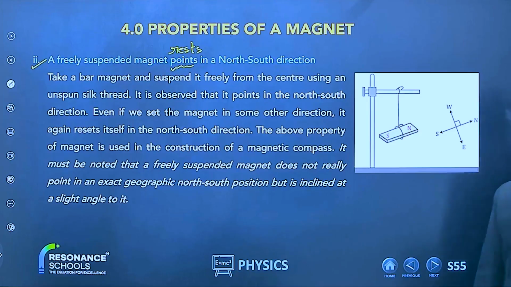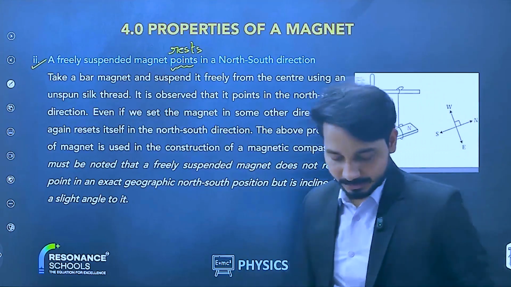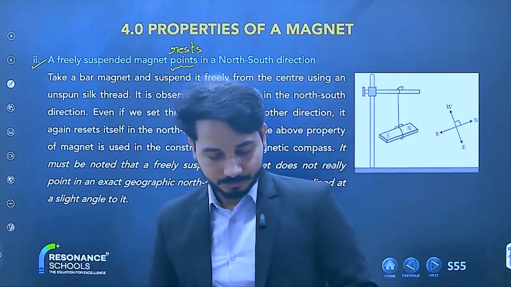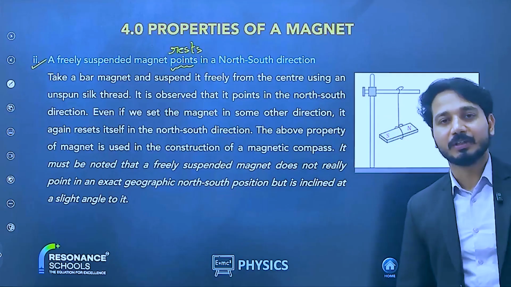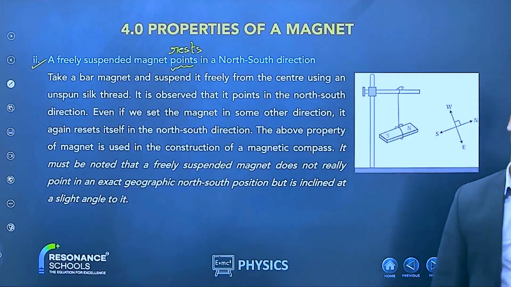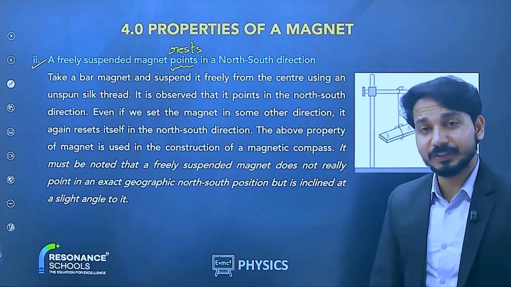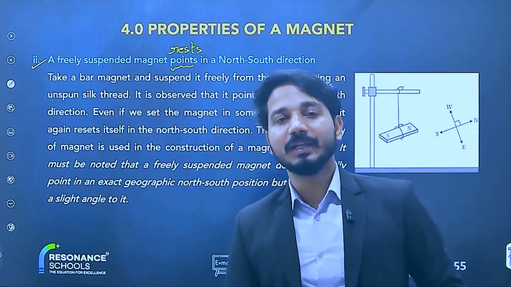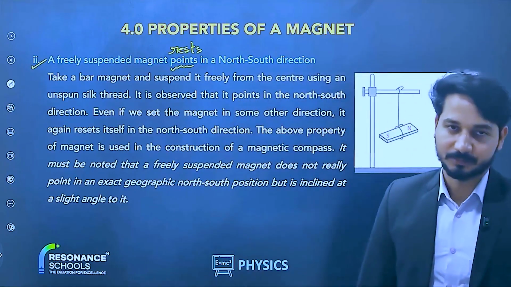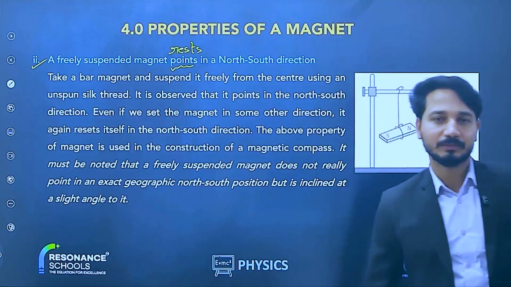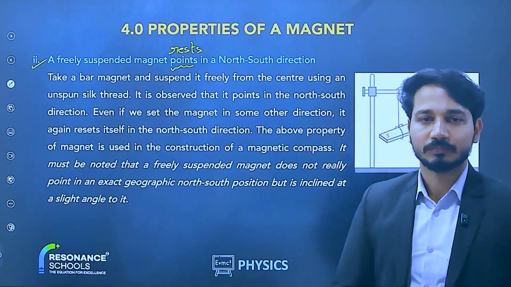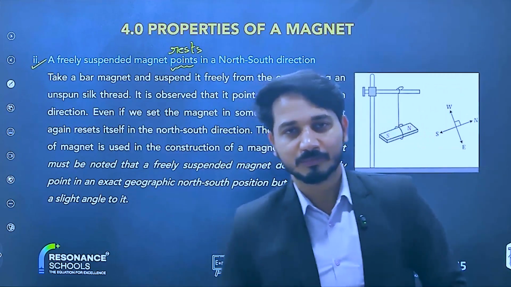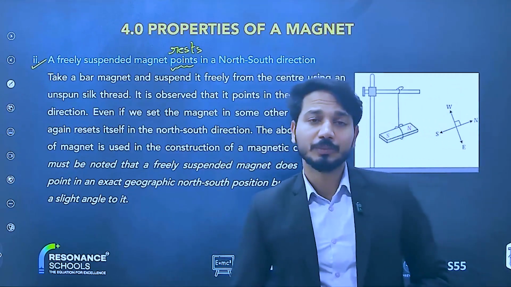Other elements are not attracted or repelled by the magnet. So the elements which are attracted by the magnet are called magnetic material or magnetic elements. Acha, one more important thing.